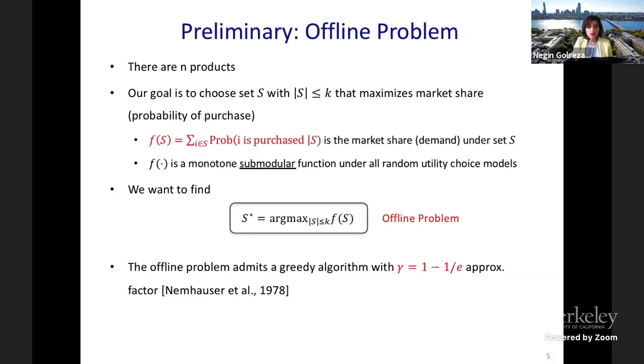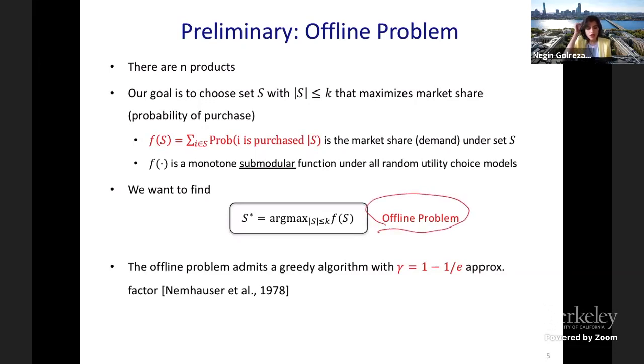I'm going to use f of S to denote the market share or the demand under set S. For those of you who know about choice modeling, for all random utility choice models, this f function is a monotone and submodular function. As a result, my offline problem is simply maximizing a monotone submodular function with cardinality constraint. So this is the offline problem that I have here.